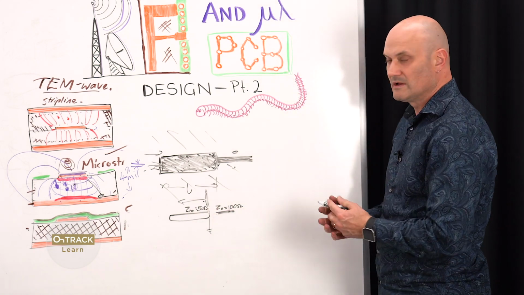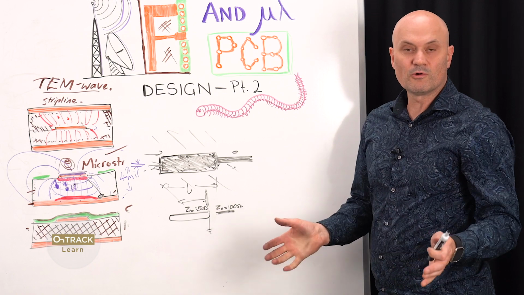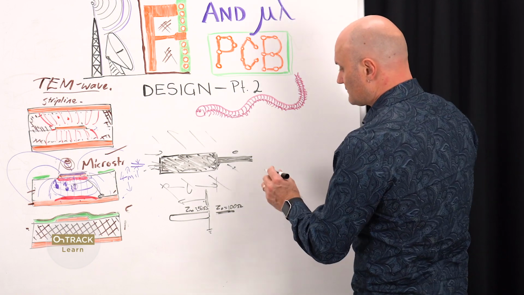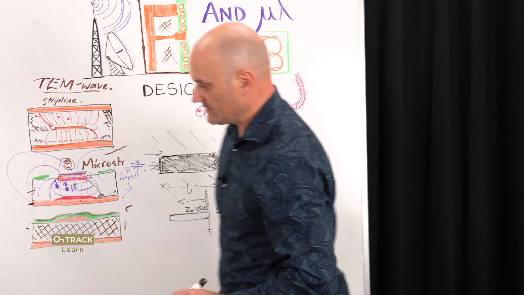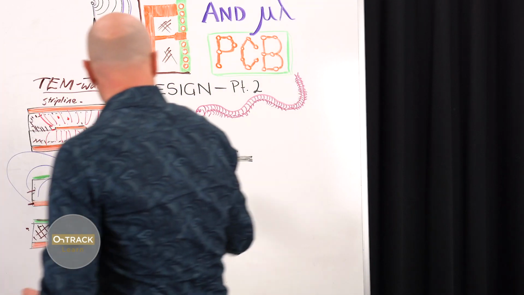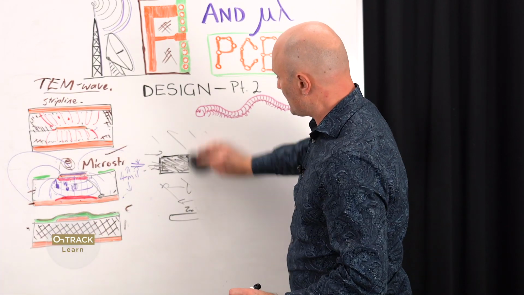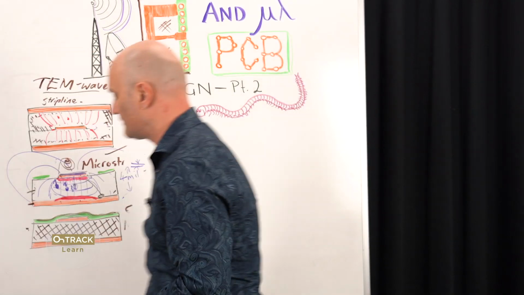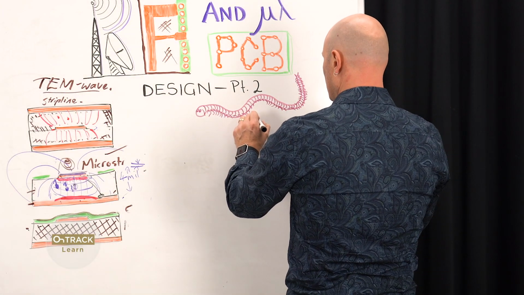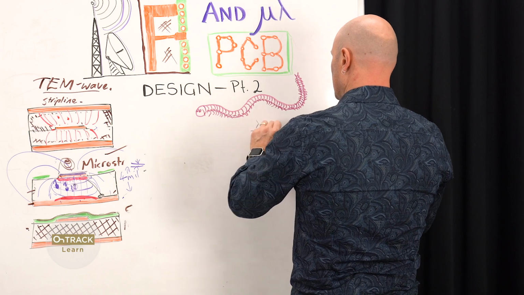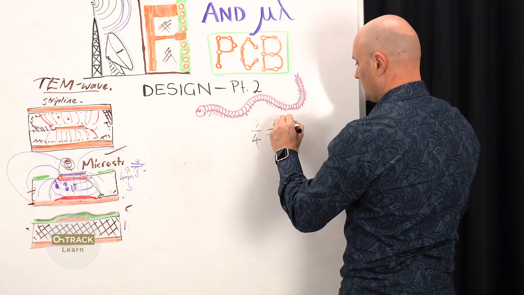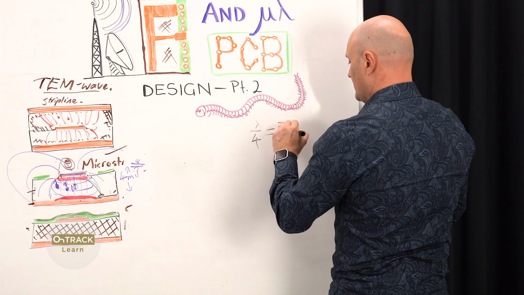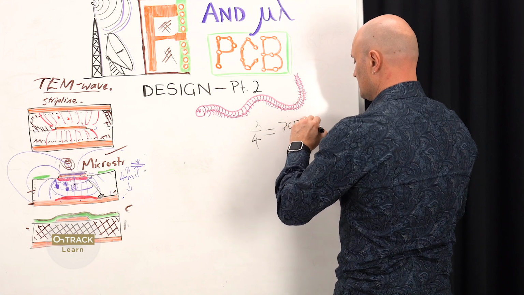You have to use what's called a quarter wave transformer. And the easiest way to do that is, from the calculator you know how long a quarter wavelength is. Let's say a quarter wave in our scenario is 768 mils.